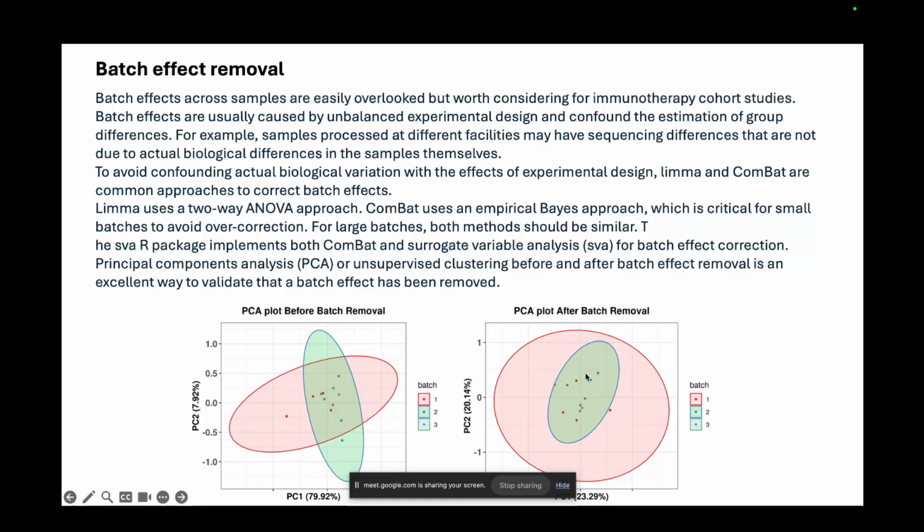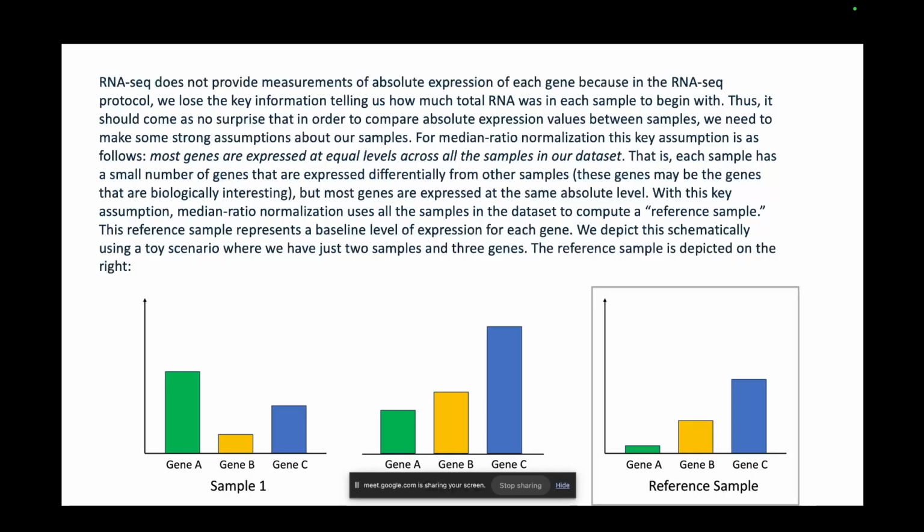So it tells you that the variability is still there, because these are the green dots, here are the red dots, so they're distinct in terms of the samples' biological information, but the variability in terms of the experimental design has been removed. So that is the whole concept of batch effect removal.